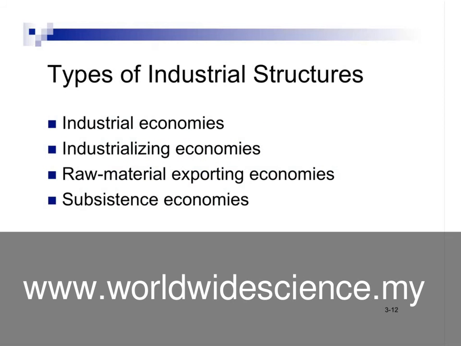Beautiful. Okay, let's go. Then types of industrial structures: industrial economies, industrializing economies, raw material exporting economies, subsistence economies. By these we mean different types of economies. Industrial economies are basically the advanced world, where they are already pretty much advanced, and they have whatever it takes to do all those different levels of marketing.